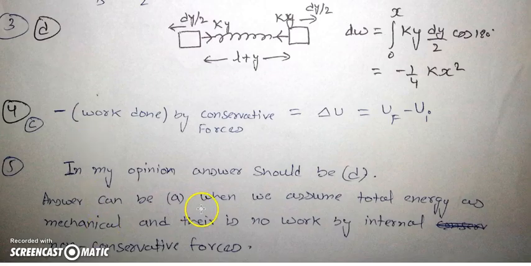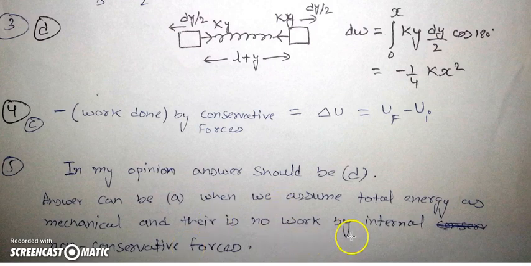only when we assume that the total energy is mechanical energy and there is no work done by internal non-conservative forces. Under these two assumptions, answer can be A. Because there can be some internal non-conservative forces which will be doing work.